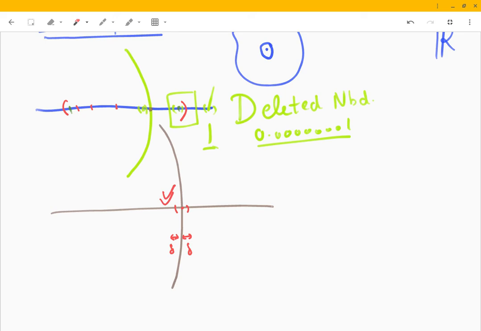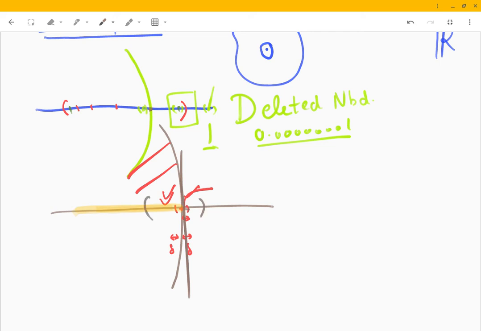Now this direction is all right, but what about delta distance in this direction? All the points from this point till the boundary, extreme, they will be outside the set, not inside the set, because the set only contains the points which are here on this side, not on the other side of this line.